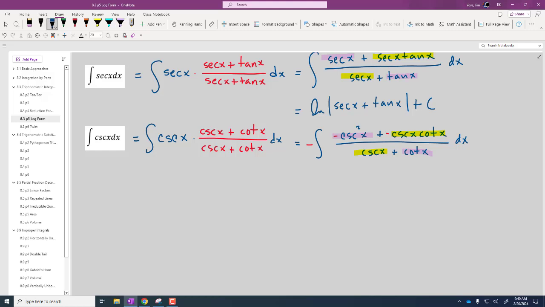This one is not going to show up a ton. You don't have to have this one memorized. I would probably put this one on a note card, though. So this is going to be -1 on the outside, natural log of the absolute value of the denominator, plus c.